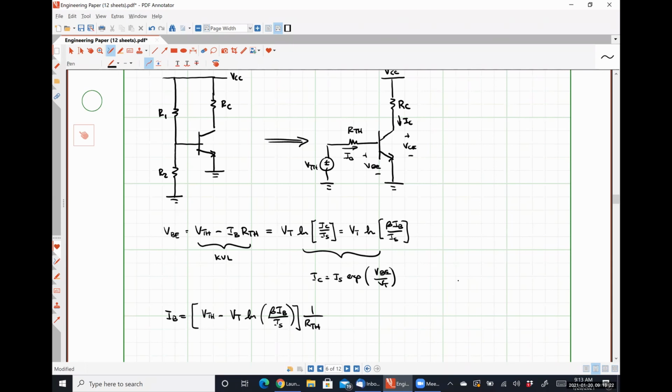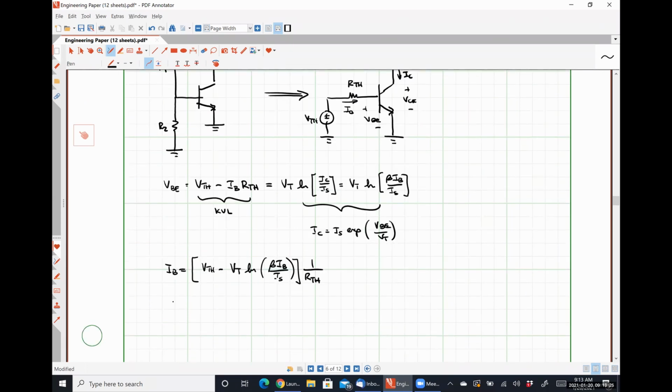And then from this, I can then say IC is IS times the exponential of VTH minus IB RTH divided by VT, which I'm just substituting in something for VBE there.